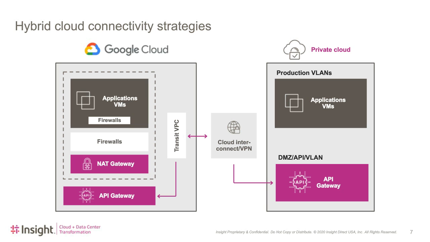Then you can consider a gated ingress or egress, where it could be one directional. You can gate your ingress from, say, on-prem to Google, or you can gate it from Google to on-prem. But there's some communication that's allowed, which is typically using an API manager or an API gateway. So APIs are exposed.